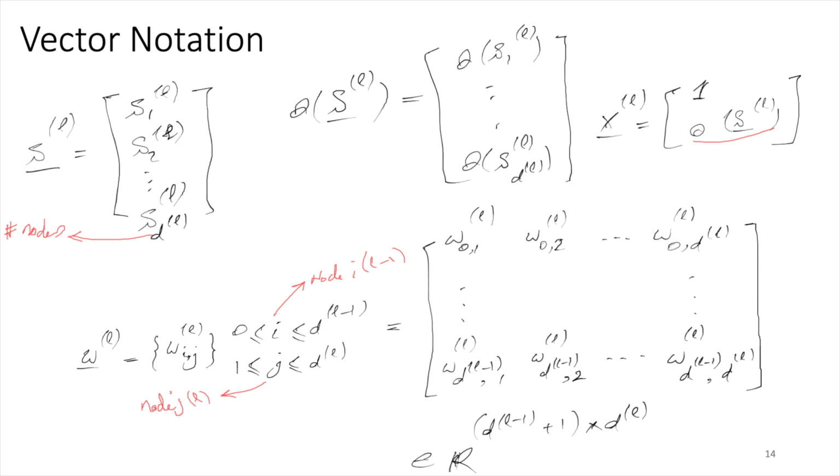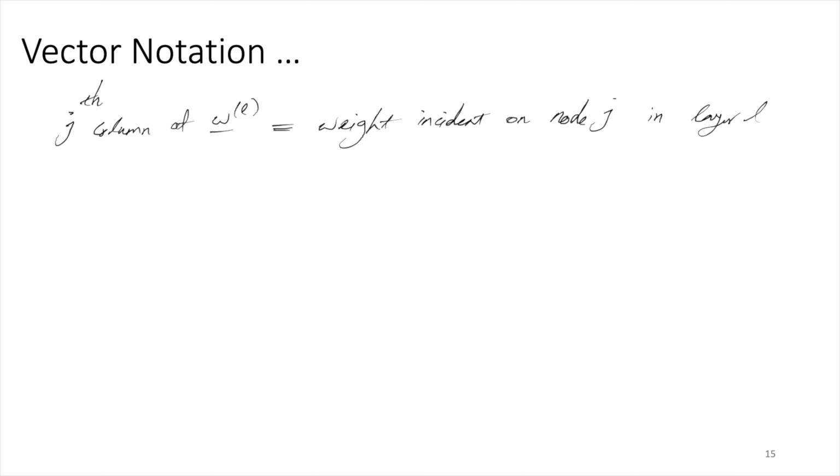Okay. So when we say J's column of WL, it is representing the weights incident on node J in layer L. So those are the weights on the layer L for the node J, right?